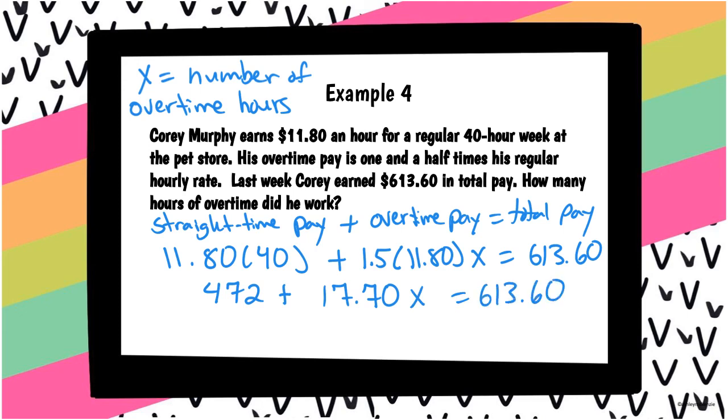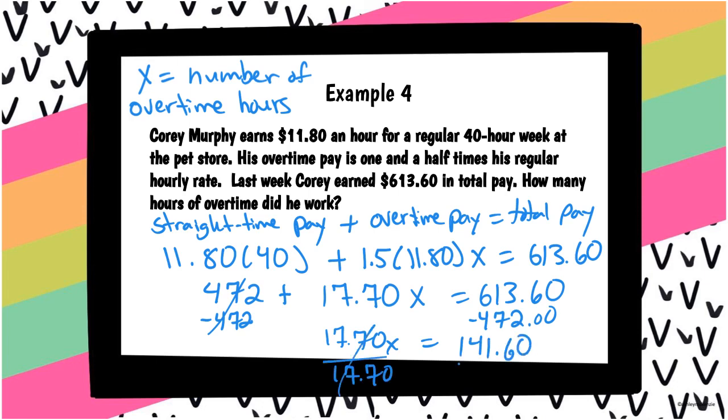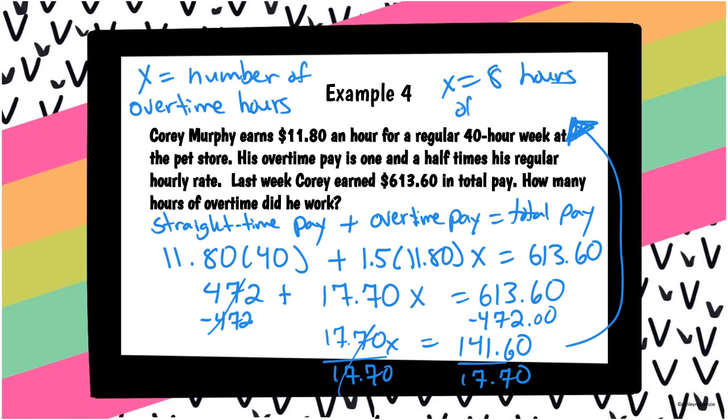We first move the 472 to the other side, so 613.60 minus 472 is 141.60. Divide both sides by 17.70. So X equals 8 hours of overtime.